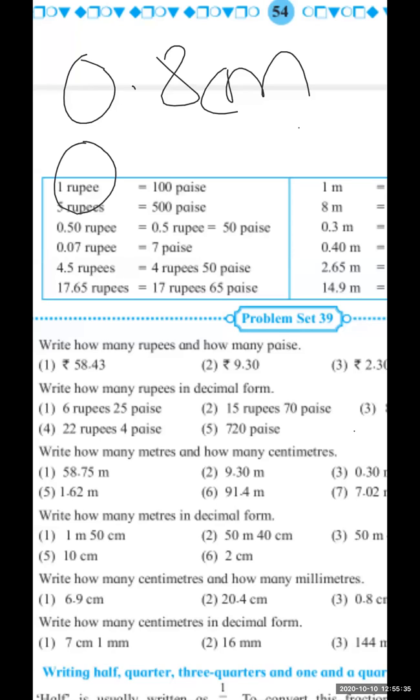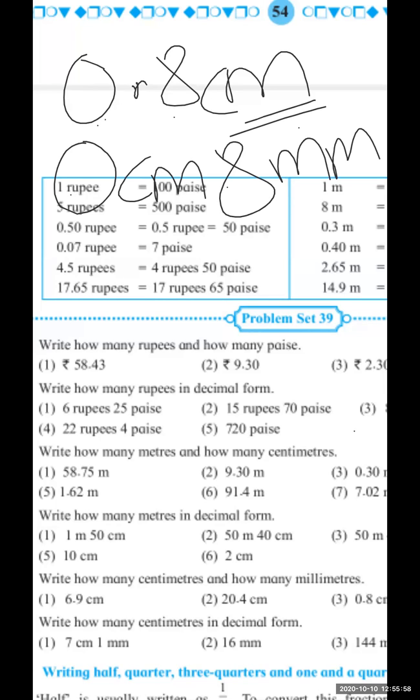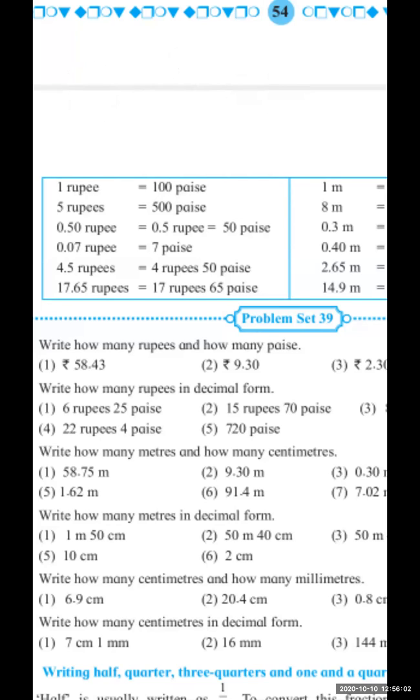So whole number is 0. 0 मीटर नहीं आएगा. 0 सेंटीमीटर, because centimeter is given. So 0 will come as centimeter, 0 centimeter, and this 8 is a fraction. So 8 will come as millimeter. Very good student. Very good. So I hope everyone understood it very well.